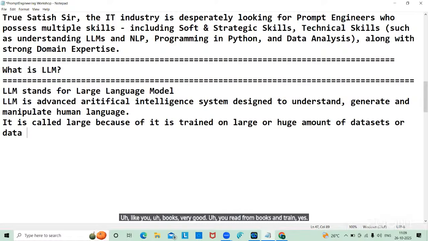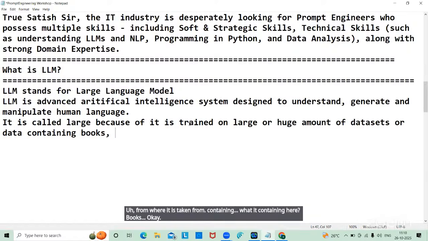Yes or no? In the same way, an LLM is also called large because it is trained on a large or huge amount of data sets, or data from different sources. Where is the data taken from? Books.